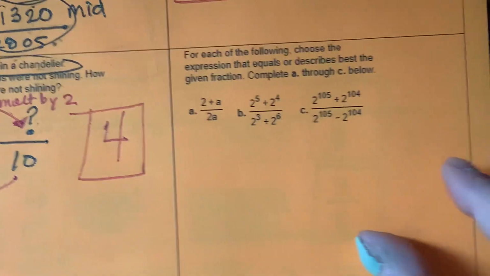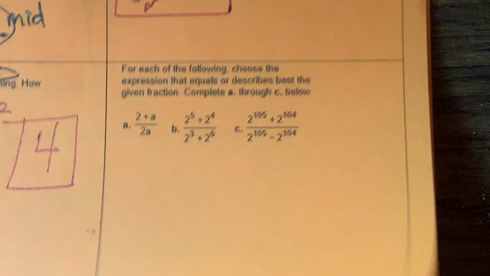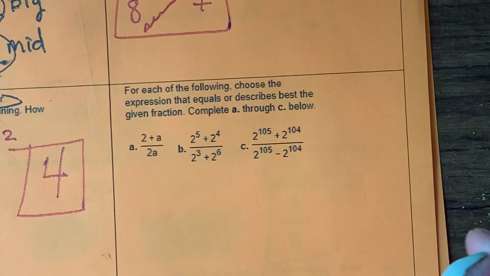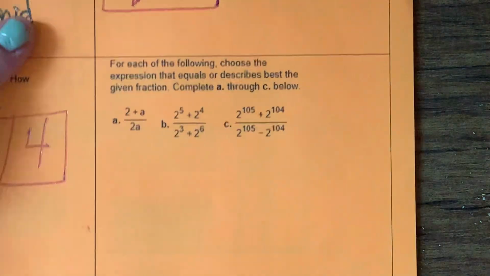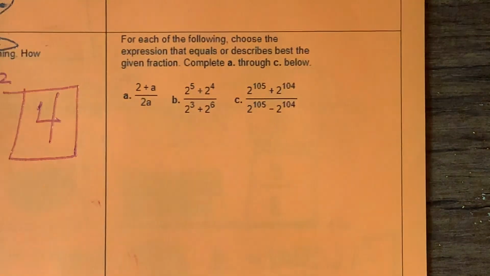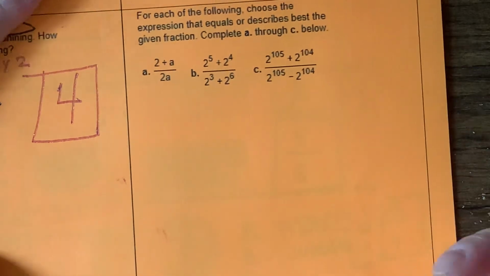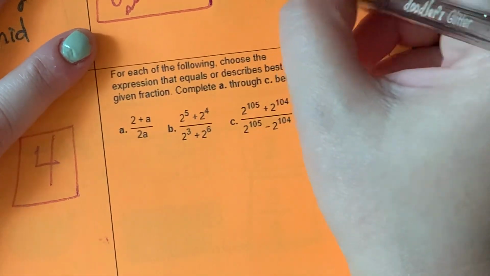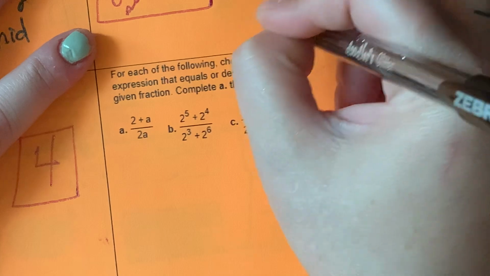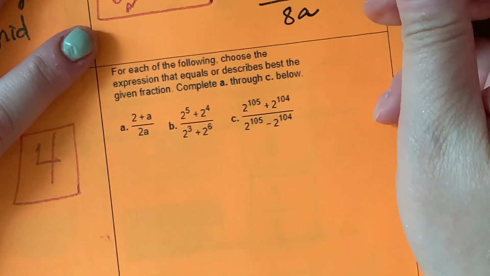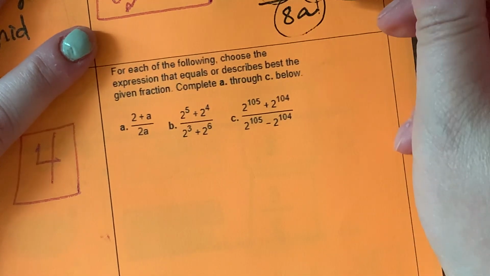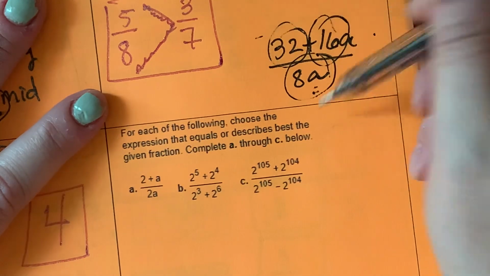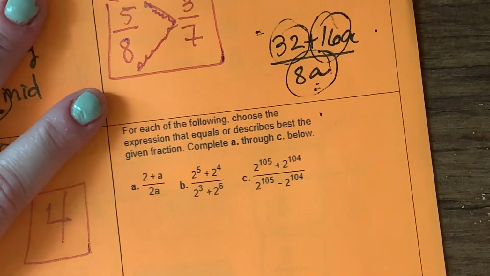Okay, last one. It says, choose the best that's equal or simplified. So we kind of already did part A. Remember I told you if you had like 32 plus 16a all over 8a, and you could divide all 3 of these numbers by the same thing, you would, and you would be able to simplify.